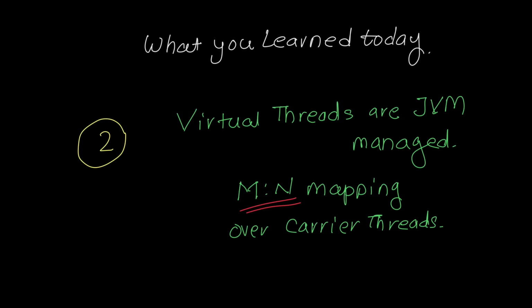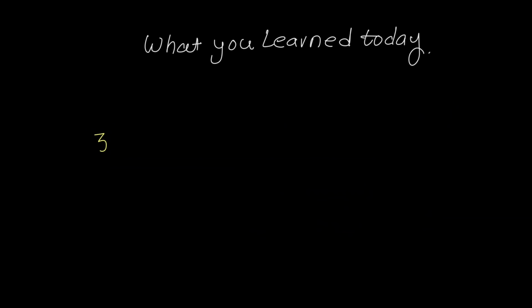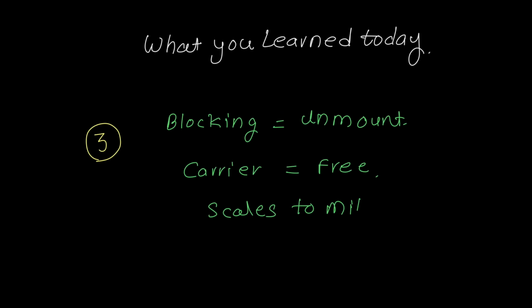There is an M-to-N mapping because we use carrier threads, and hence virtual threads can be scalable. Then what we understood is that the blocking problem is solved by using something called mounting and unmounting, which leaves carrier threads free, and we can scale to millions using virtual threads.